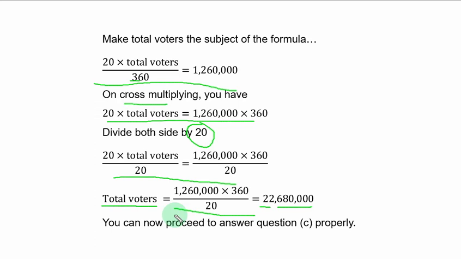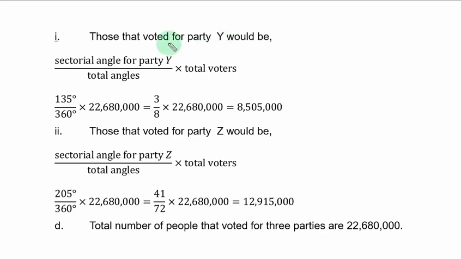Question C is to find those that voted for party Y and Z. Before that, total voters are needed, and we have obtained that using the information about party S voters. See Roman figure 1.